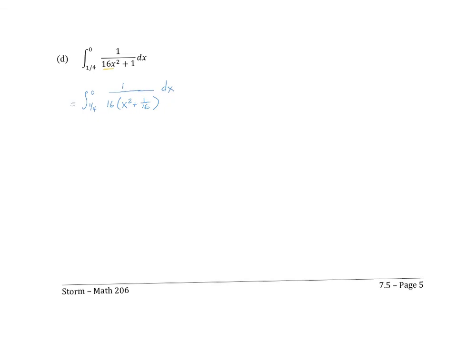And here you could pull out the 1 over 16 if you wish, or you could leave it in. If you do a u substitution and let it be equal to 4x, remember that you have to change your limits of integration or leave them off until the end when you substitute back in for u. Okay. So 1 over x squared plus 1/4 squared means my a is equal to 1/4.